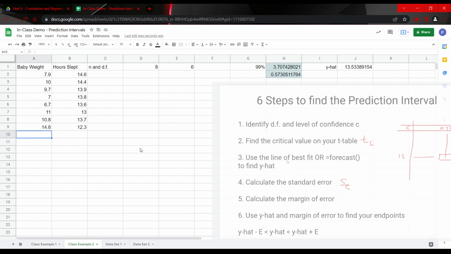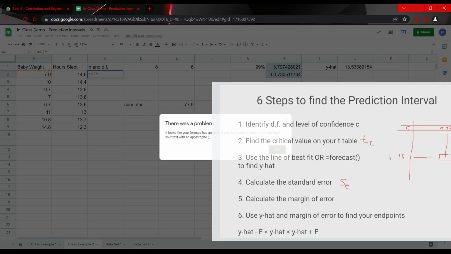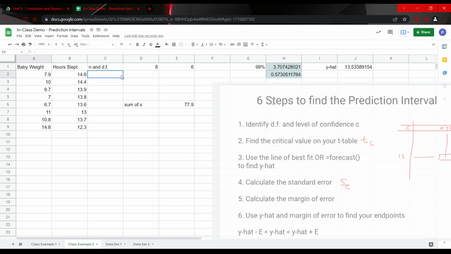I'm not gonna move those. So the sum of x is equal to the sum of AA. I'm gonna square these things real quick. Equals this thing squared. There we go, autofill. So sum of x squared is equal to the sum of these things.